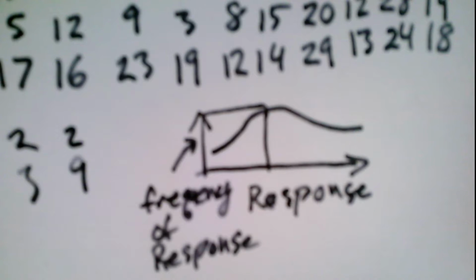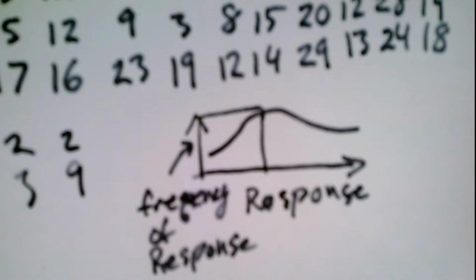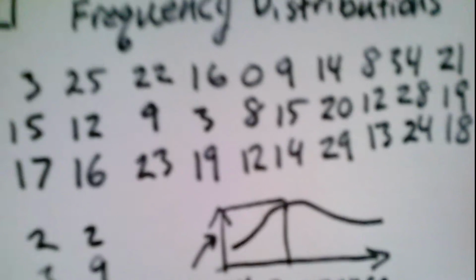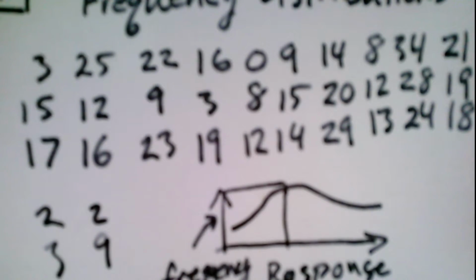Okay, so I think that once we have that terminology down, that's not so hard to do. We won't actually graph the frequency distribution of this. However, what we will do is start talking about other things about the frequency distribution.